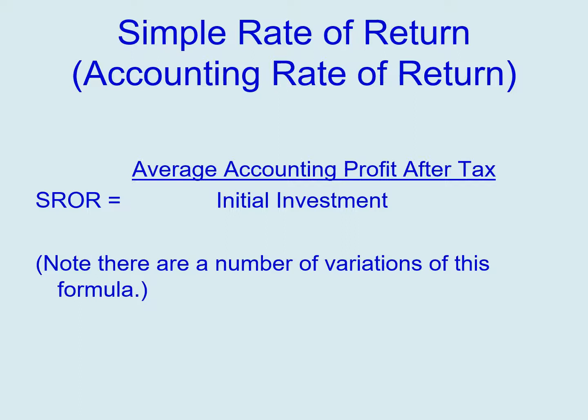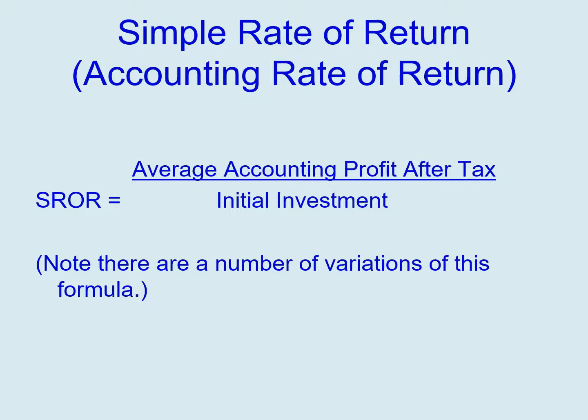This is the only one of the capital budgeting techniques that we'll be taking a look at that actually looks at the accounting profit after taxes instead of cash flow. Even the payback was looking at the cash flow associated with the project. Now we're going to be looking at accounting profit. So that's really the first problem, because we know from earlier classes that accounting profits are not equal to cash flow.